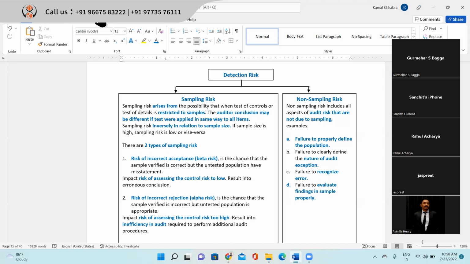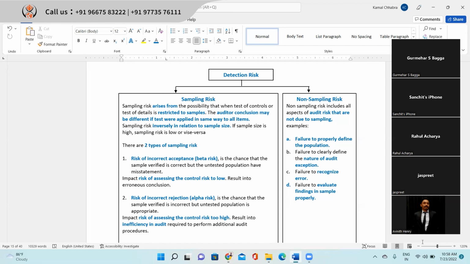Yes, because this concept is very important, and you will definitely get at least one question in your exam from this concept. So assessing the control risk too low. Just keep the first one in mind. You have 1000 line items, out of which you selected 25, and in those 25 you have not noticed any mistake.